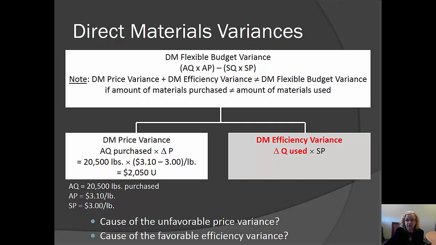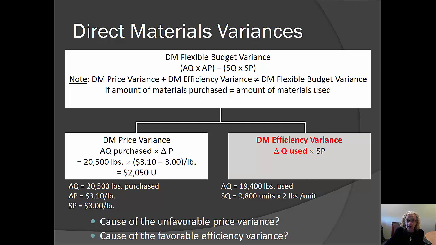So let's see what kind of information we have. We know the actual quantity of materials used, that was given. Now we have to figure out what was the standard quantity for the number of units that we actually made.